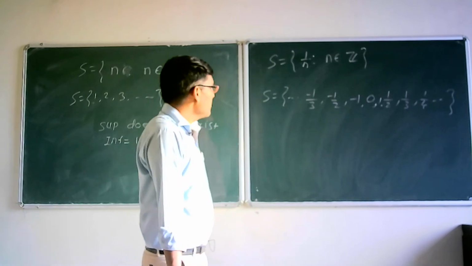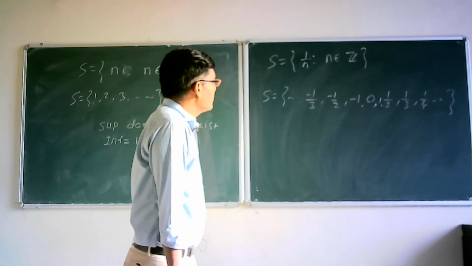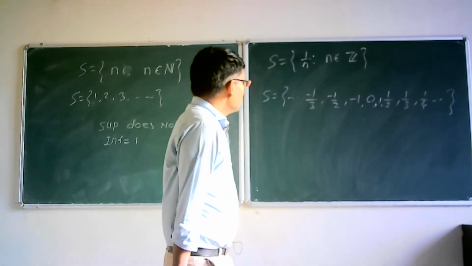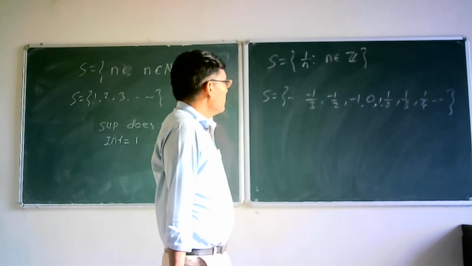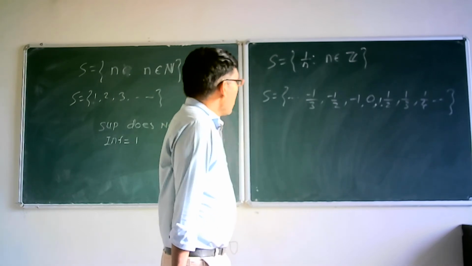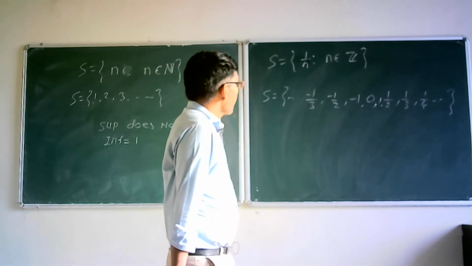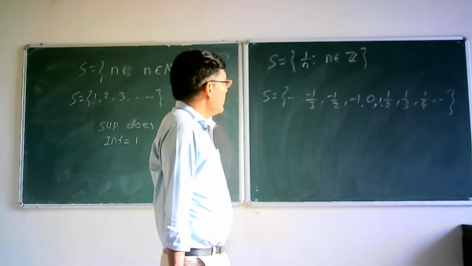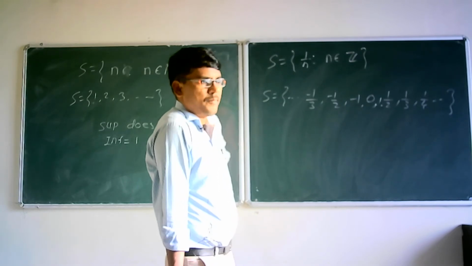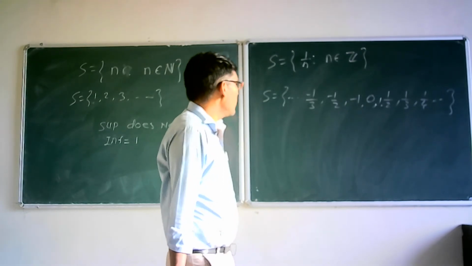If you draw the geometrical representation, you can easily identify that all these numbers are less than or equal to 1.